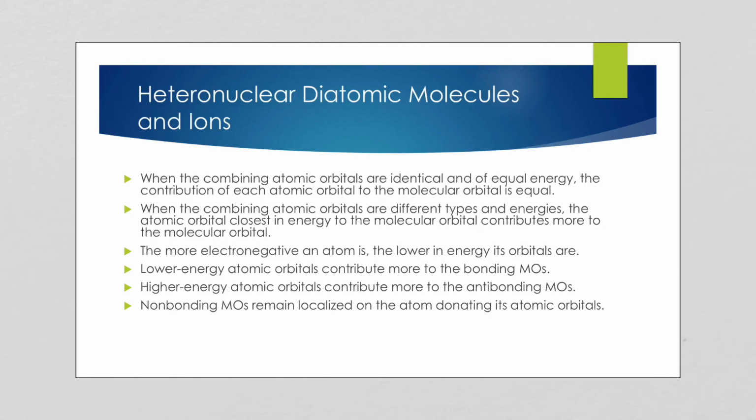But if those starting atomic orbitals are of different energies, like the 2s orbital of nitrogen is not going to be the same as the 2s orbital of oxygen in terms of its energy, right? The overlap in the mixing becomes a little bit more complex. And we get unequal mixing, if you will, in terms of generating the molecular orbital.